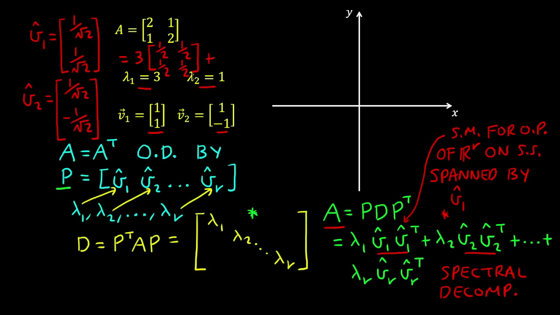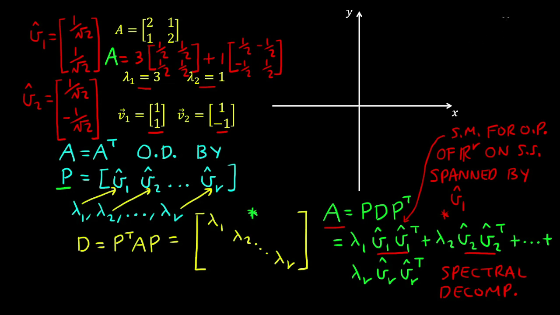And then the next eigenvalue is 1. And this time we multiply vector v2 hat by its transpose. So we'd get 1 half, minus a half, minus a half, and 1 half. So this here is a spectral decomposition of A.